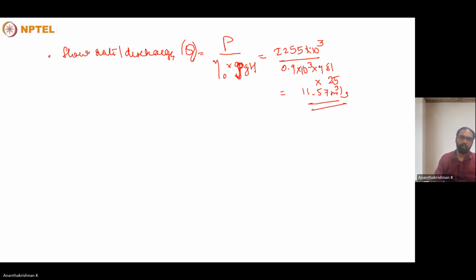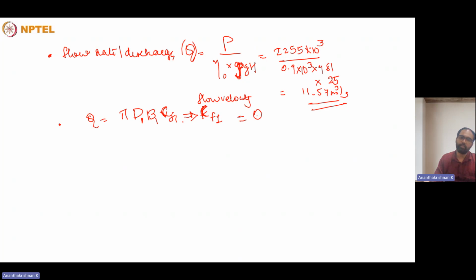And from this flow rate, we can calculate the flow velocity term. The another formula for flow rate Q is equal to pi D1 B1 into Vf. So we can calculate the flow velocity component from this particular formula.